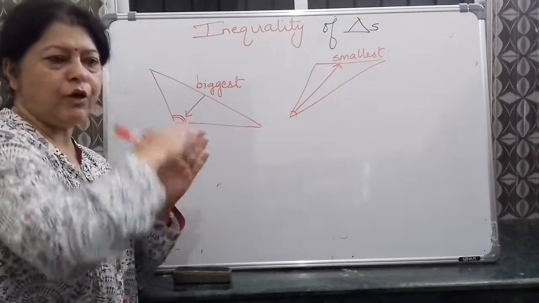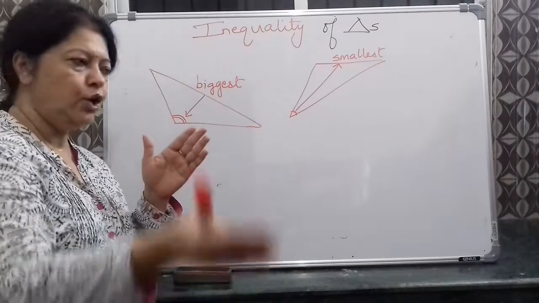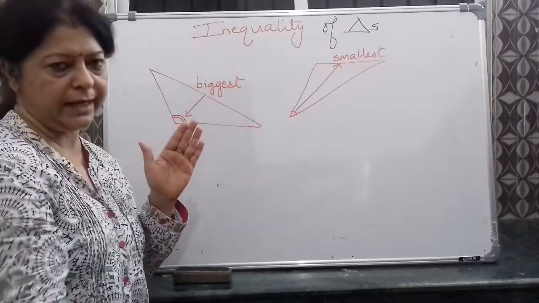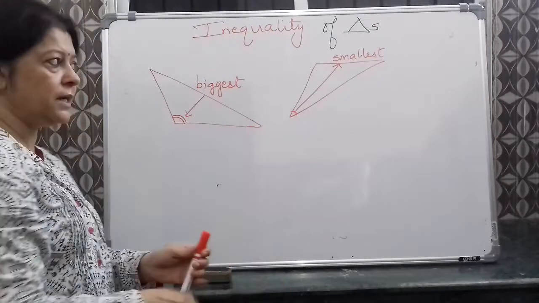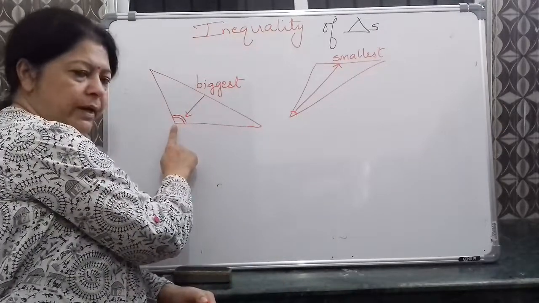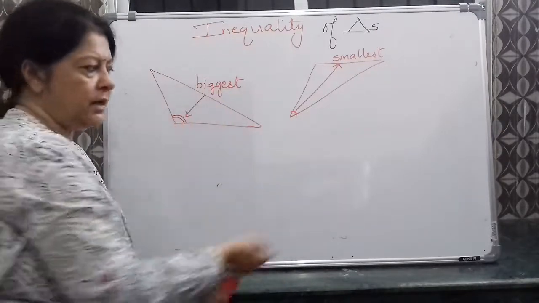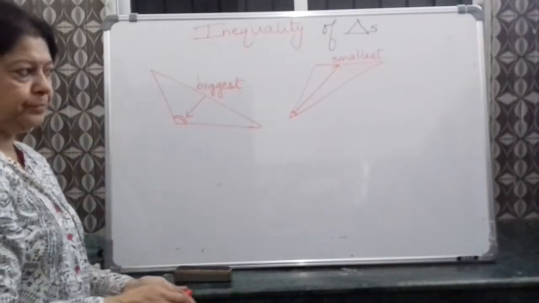कि बड़े साइड के ऑपोजिट में बड़ा एंगल ही होगा, छोटे साइड के ऑपोजिट में छोटा एंगल ही होगा, या वाइस वर्सा. If an angle is bigger, side opposite to it will be bigger. If an angle is smaller, side opposite to it will be smaller.